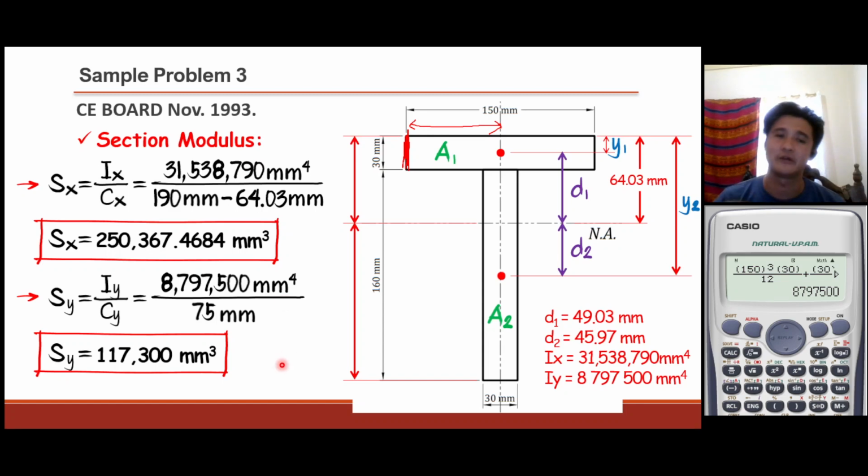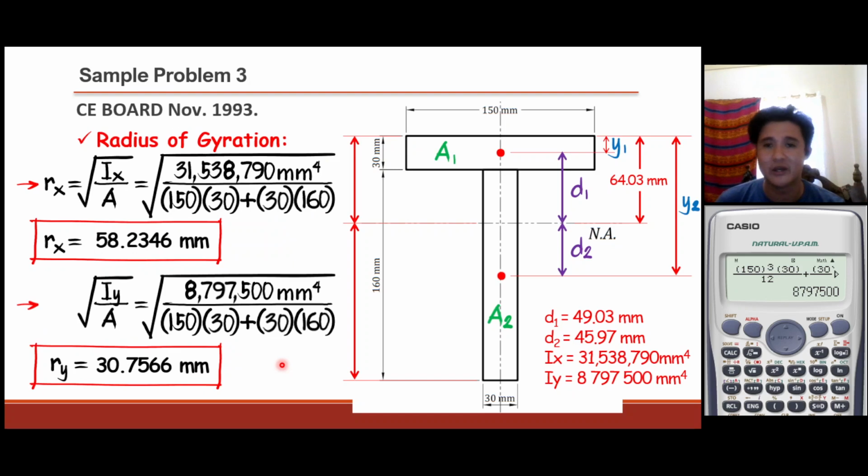Okay? So, yun na yung first three parts. Yung three parts ng ating problem na tapos na natin. Konting continuation lang para makuha natin yung radius of gyration. Square root ng Ix over area lang. Okay? So, makuha natin si Rx. So, very straightforward. Apply lang natin yung equation.